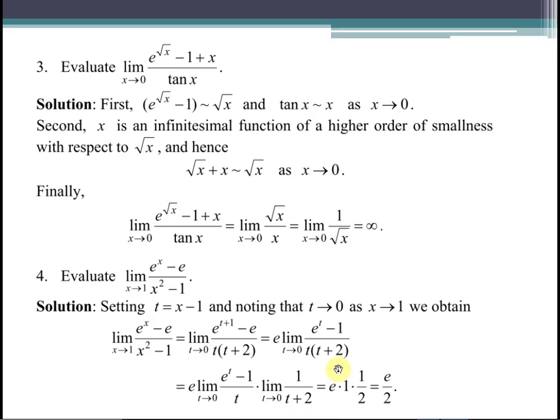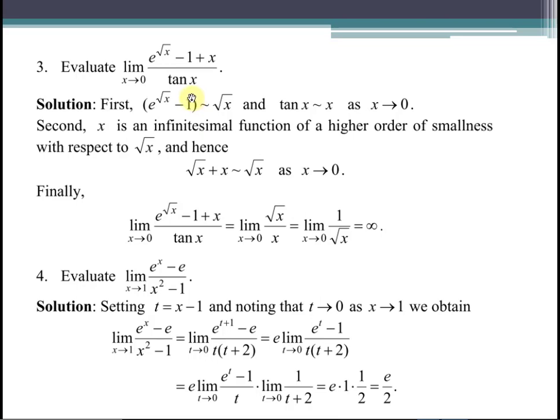Evaluate the next limit. Firstly, e to the power of square root of x minus 1 is equivalent to square root of x, and tangent x is also equivalent to x as x tends to 0. Second, x is an infinitesimal function of a higher order. Hence, square root of x plus x is equivalent to square root of x as x tends to 0.